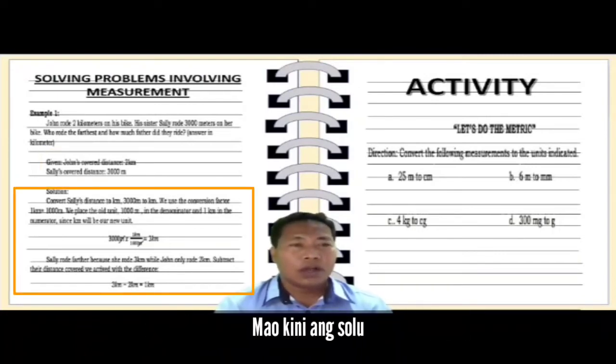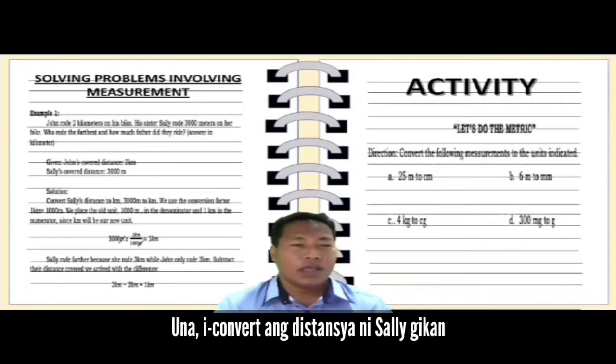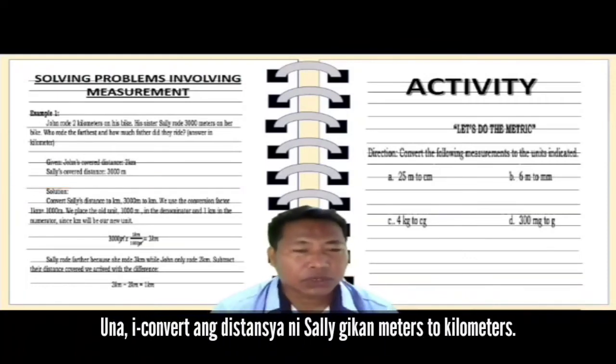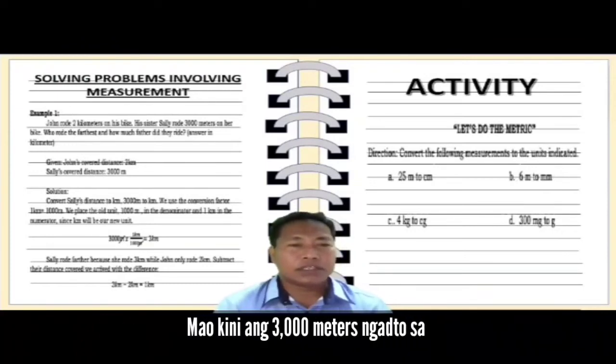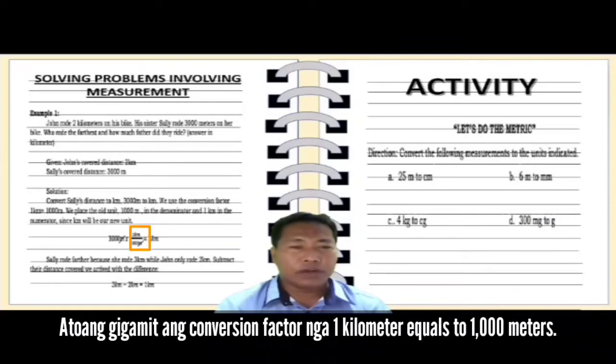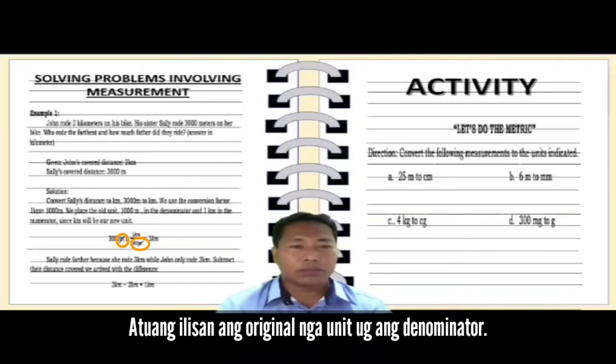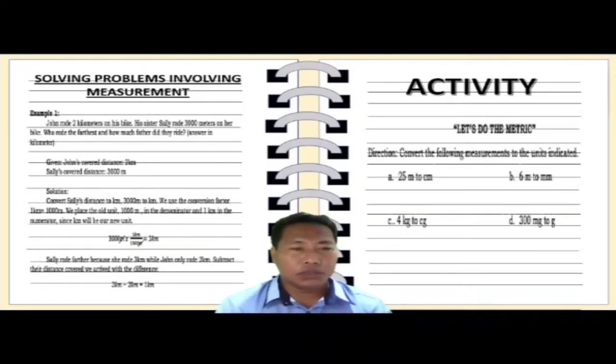So this is our solution. Convert Sally's distance to kilometers, 3,000 meters to kilometers. We use the conversion factor 1 kilometer is equal to 1,000 meters. So we place the old unit, 1,000 meters, in the denominator and 1 kilometer in the numerator.